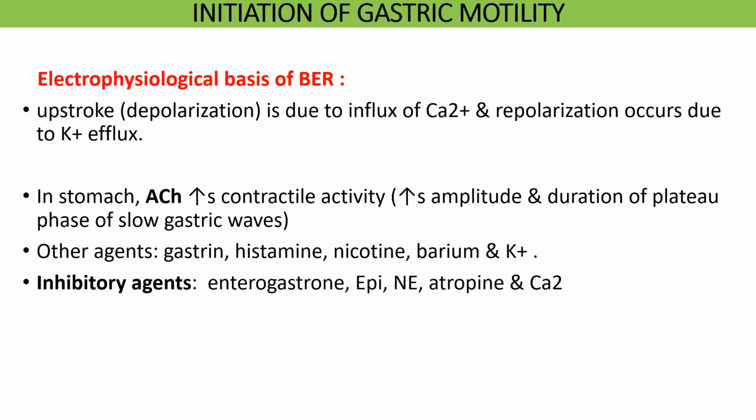In stomach, the neurotransmitter acetylcholine increases the contractile activity, that is, it augments the action of basal electrical rhythm, and adrenaline, atropine and enterogastrone decrease the contractile activity of the stomach.